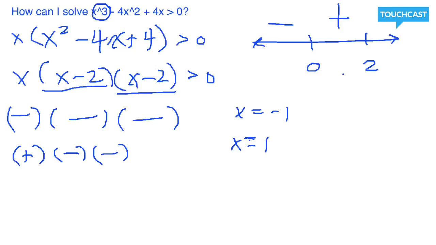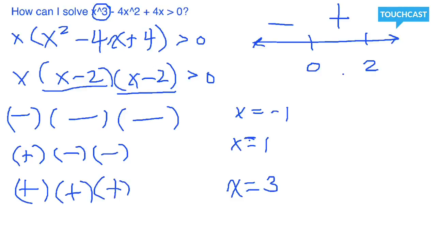I have a lot of students historically who at this moment would say, oh, it's going to alternate. And they just fill in that last interval as negative. But remember, we did not find 3 separate roots for a degree 3 polynomial. So we have to be really careful when we check. So notice that when x equals something bigger than 2, something from that third interval, this would be positive times 3 minus 2 is 1, which is positive. 3 minus 2 is also positive.